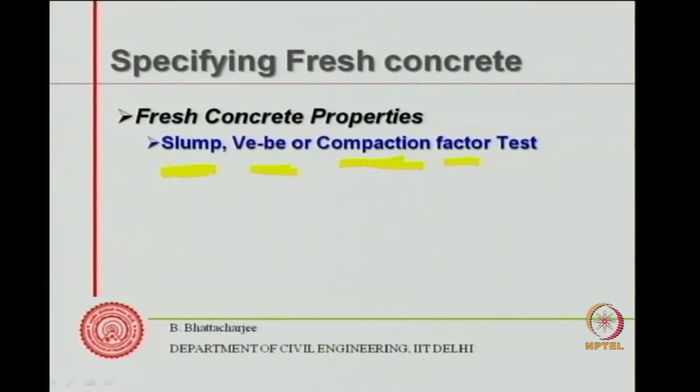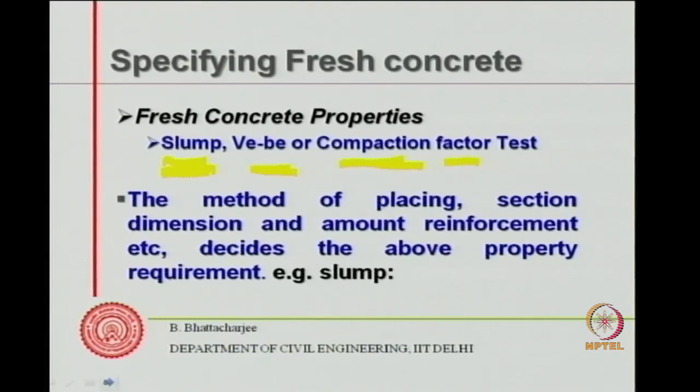But the commonly adopted one is the slump. So we specify fresh concrete properties in terms of a property called slump. What is slump, we'll come to in our next module when we talk about fresh concrete in more detail.